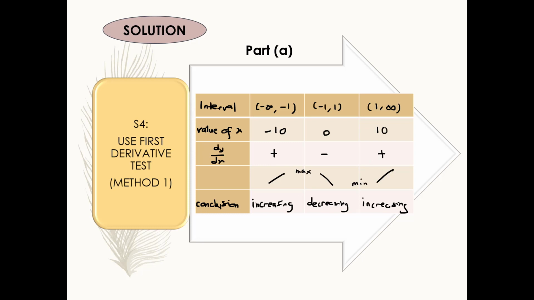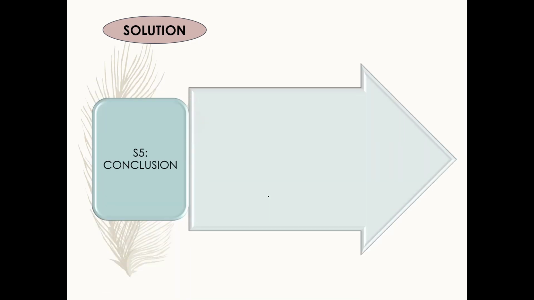When decreasing and then increasing, we get minimum. So the conclusion is, the maximum point is (-1, 4), and the minimum point is (1, 0).